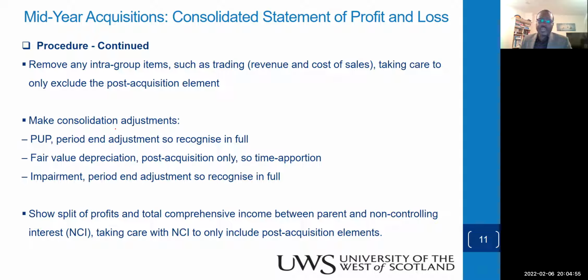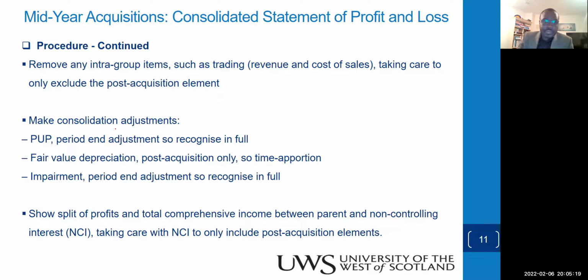And again, at the end of the day, we split the total profits between the parent and the NCI. If there's any total comprehensive income, let's add it. Then the total comprehensive income, TCI, that we get, we split between the parent and the NCI. Here we must also take care that with NCI, we only include post-acquisition elements.